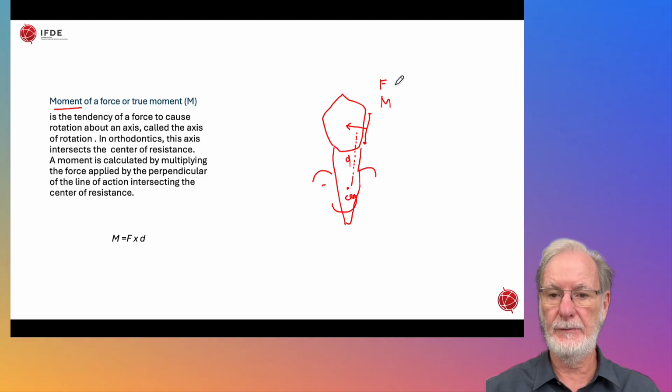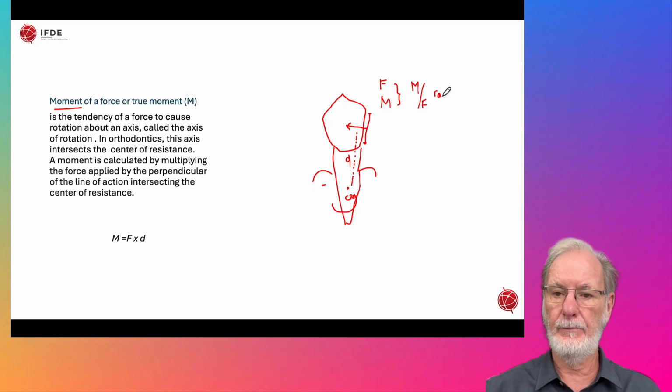So these two systems will create what is called by Dr. Burstone and others the moment to force ratio. And depending on the proportions, you will get different types of tooth movement.